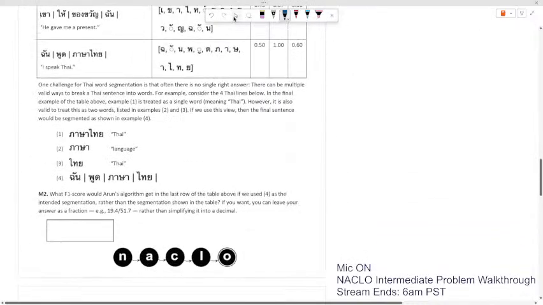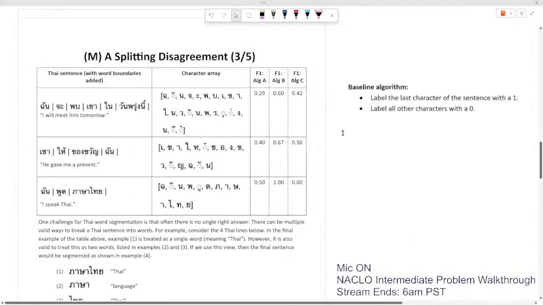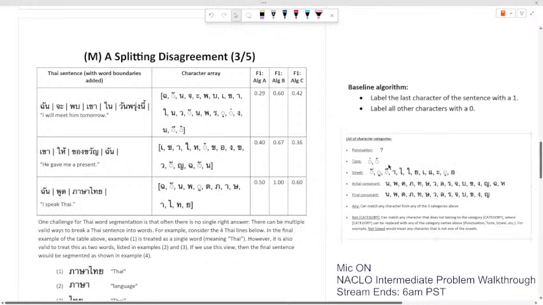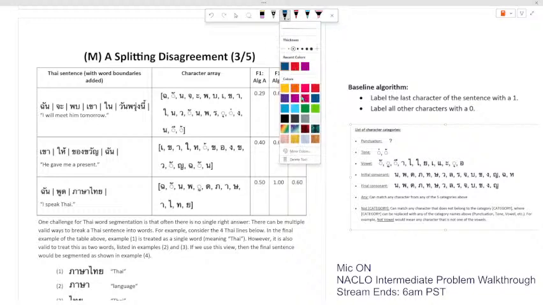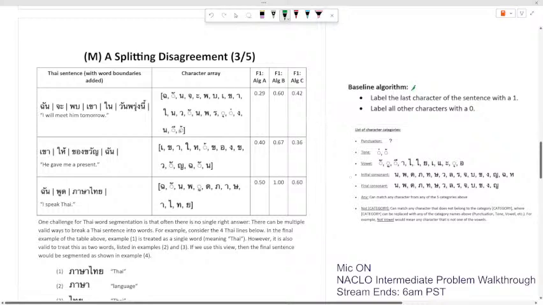I'm also moving up the character categories so we can view them. Let's do color coding. We'll make baseline green, right? Label the last character of the sentence with a 1, so all other characters with a 0.